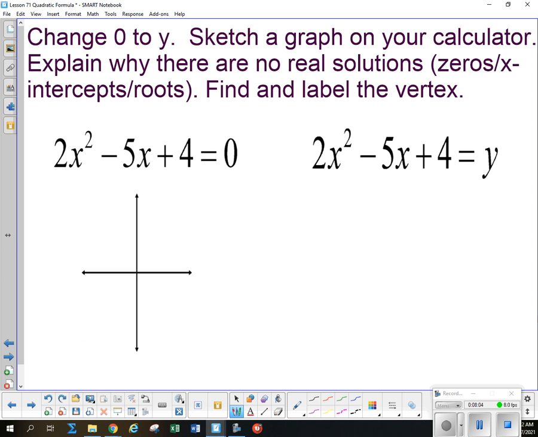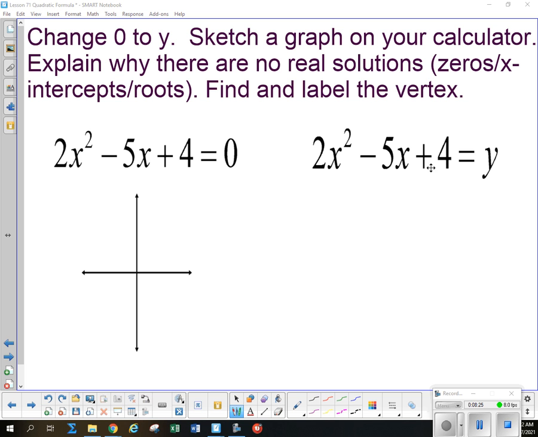I'm going to teach you how to do this on your calculators as well, which means I need to get my calculator powered up for us. So, this is the same equation, 2x squared minus 5x plus 4 equals 0. We just solved that and got 2 imaginary answers.